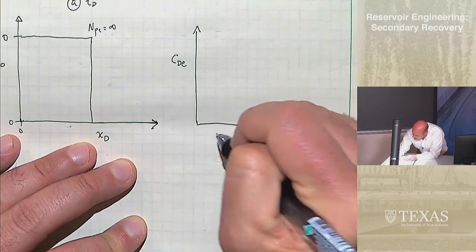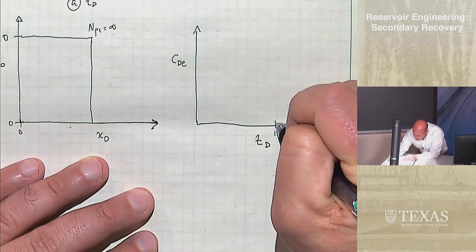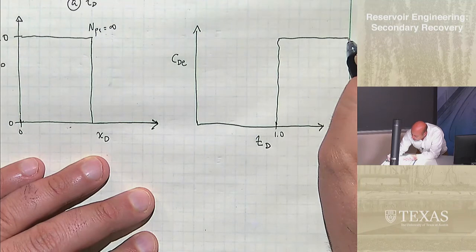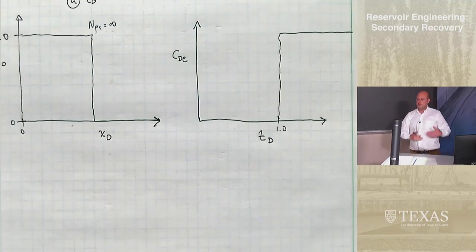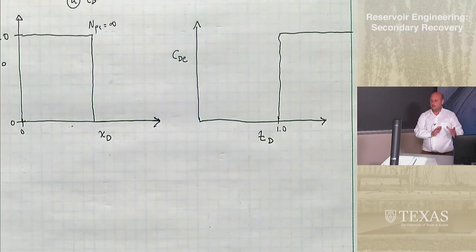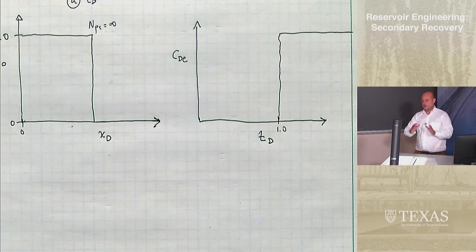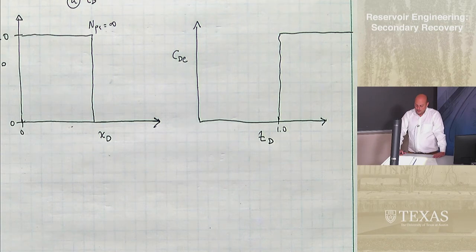And then at TD equal to 1, it goes up and you get a concentration of 1. Remember, because you've got this moving wall, it's going in and nothing's coming out, and then it reaches the exit, and then it goes up to that value. Okay, so very simple.